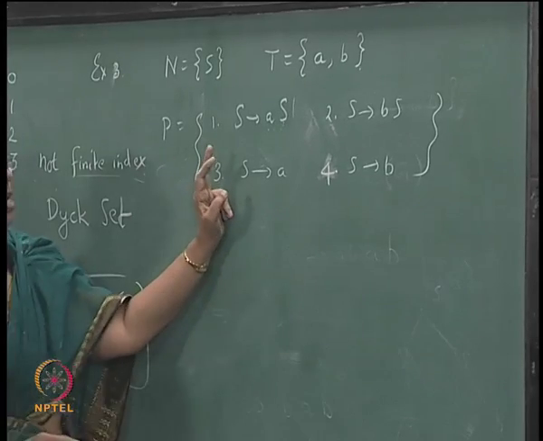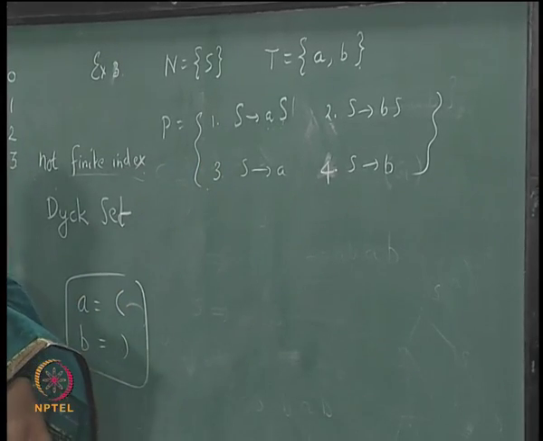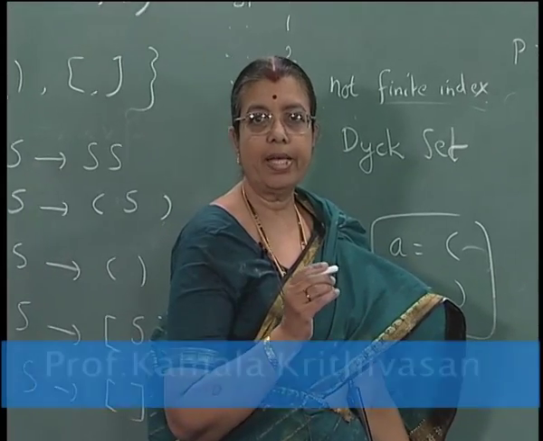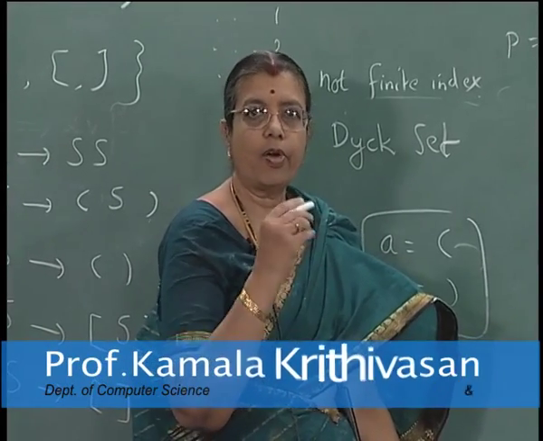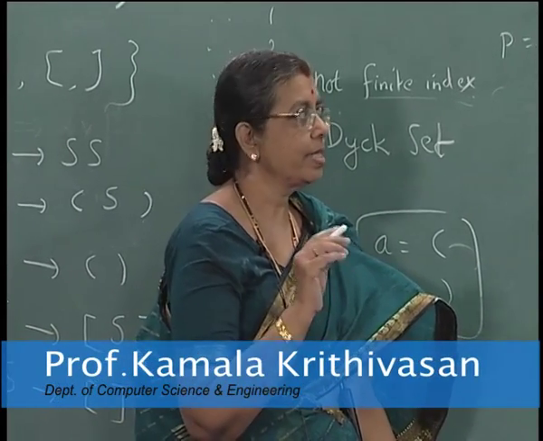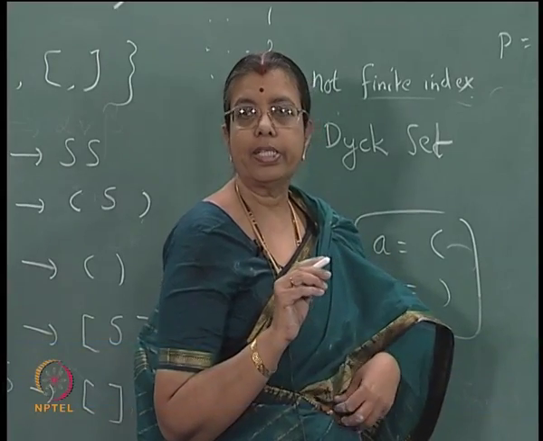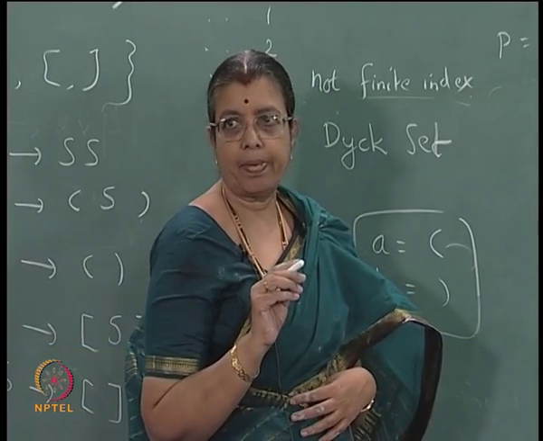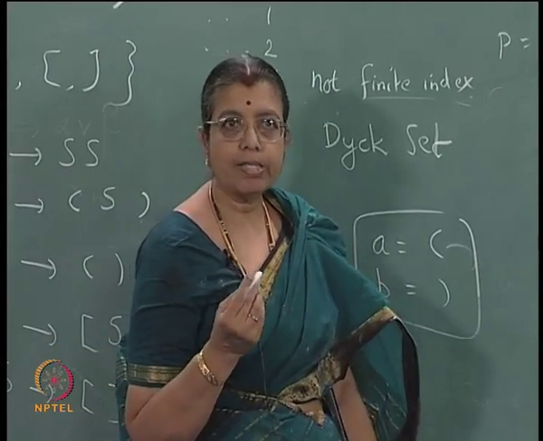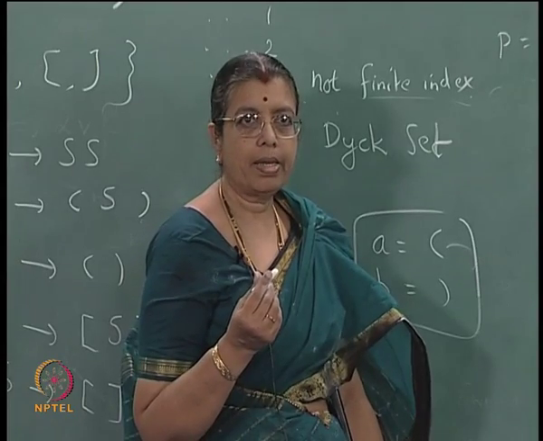On the left hand side you are having a single non-terminal, on the right hand side you are having a terminal symbol followed by a non-terminal or just a terminal symbol. So, this is a type 3 grammar. And what sort of strings will be generated in this grammar?